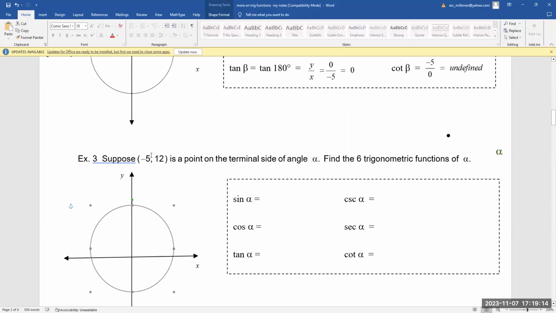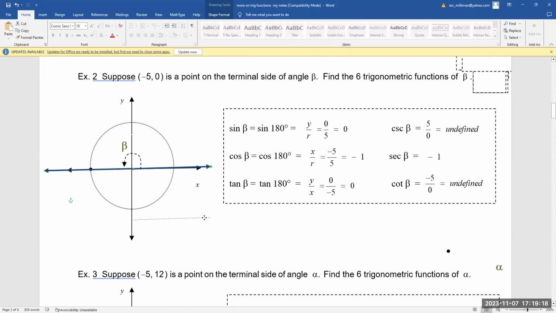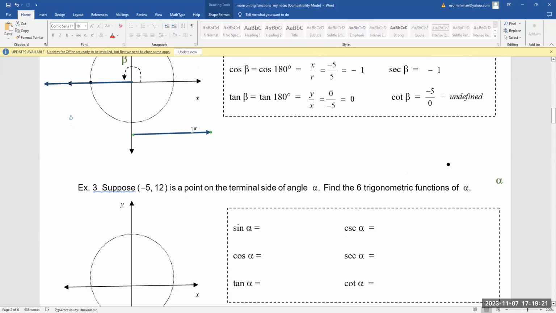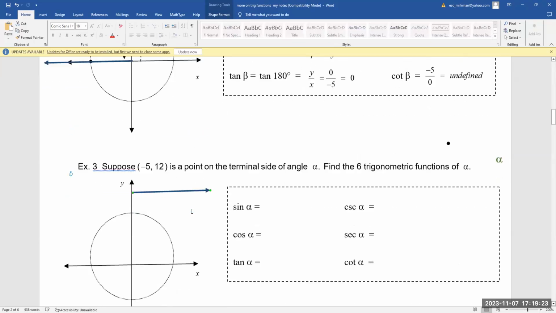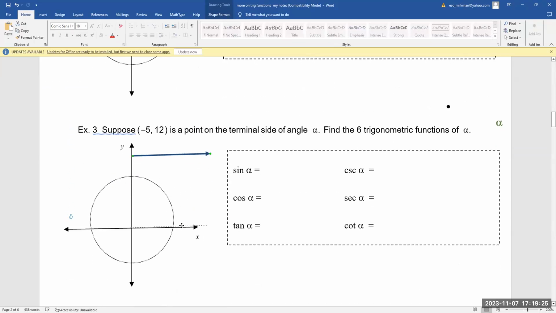So I want the point of -5, 12 on the terminal side of my angle theta. Let me go ahead and draw my angle in standard position, starting with my initial ray on the positive x-axis.